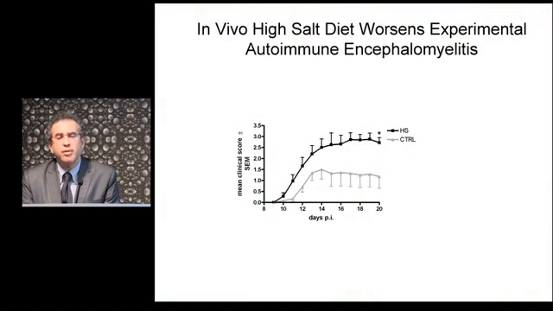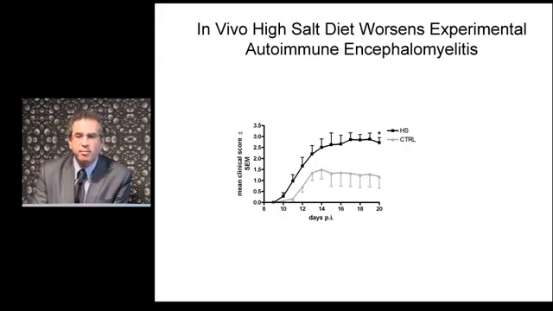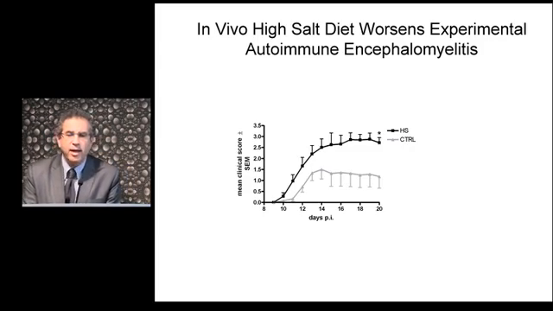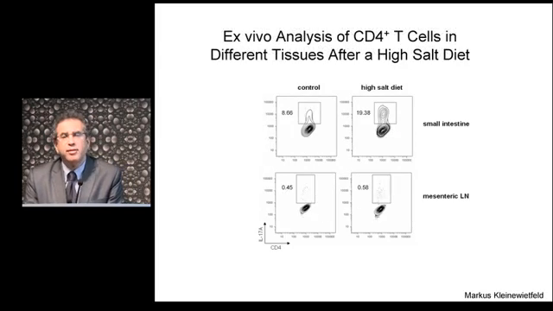If you feed animals a high salt diet in EAE, an animal model of MS, high salt versus control, the animals get significantly worse and in fact develop a quadriparesis as opposed to simply a weak hind tail. This is not due to increasing salt concentrations in the blood, but is a direct effect of the salt in the gut.